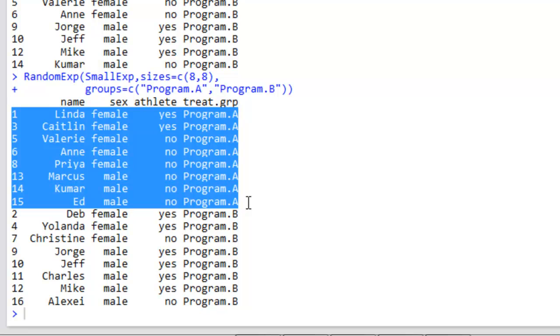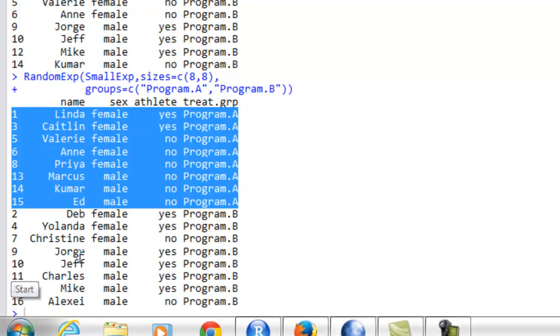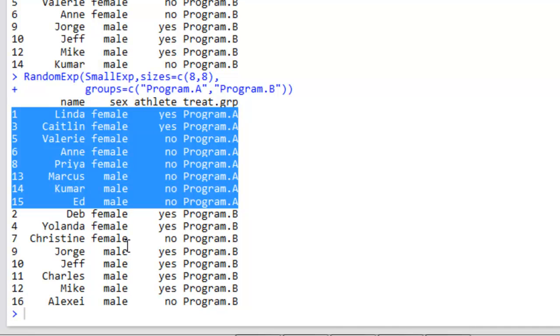If you keep trying this yourself several times, you'll find eventually there are occasions when the 2 groups can be quite different, either with respect to sex or athletic status or both. So the groups don't always look similar when you use complete randomization on a small number of subjects.